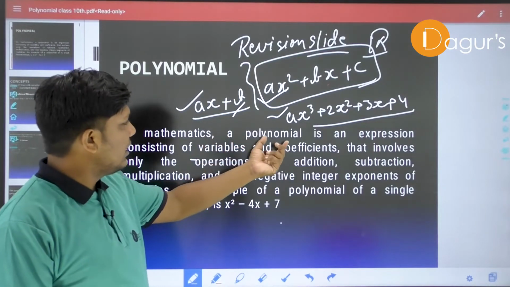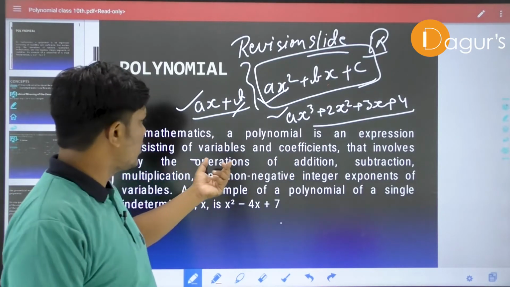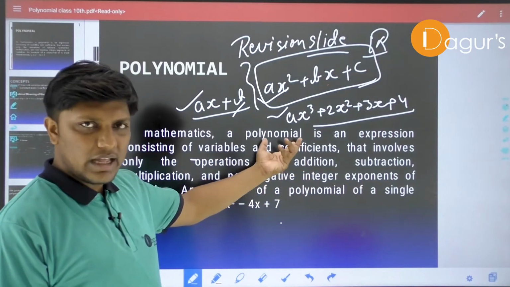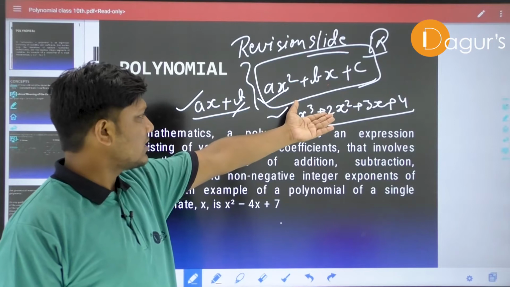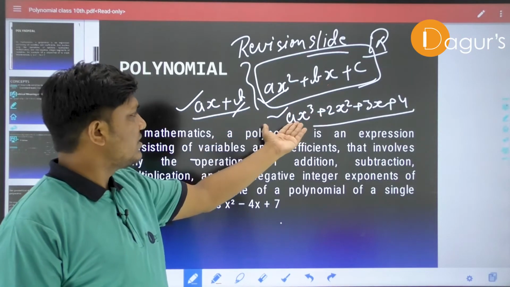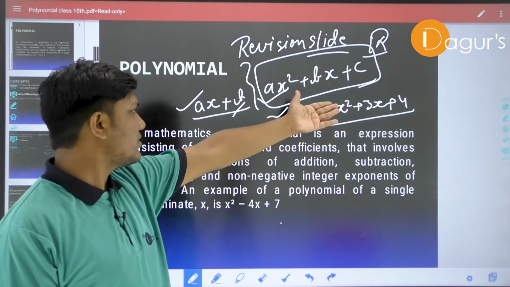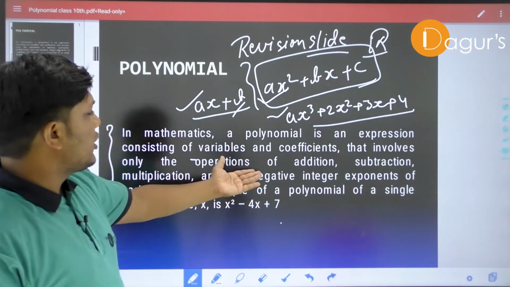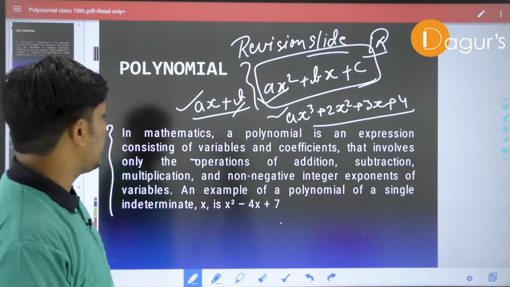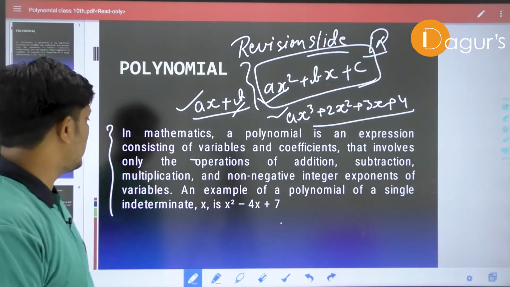In mathematics, a polynomial is an expression consisting of variables and coefficients. Here there are different variables and coefficients. x cube is the variable, x square is the variable, 2 is the coefficient, a is the coefficient, 3 is the coefficient, x is the variable. Is it okay? That involves only the operations of addition, subtraction and multiplication and non-negative integer exponents of the variables.